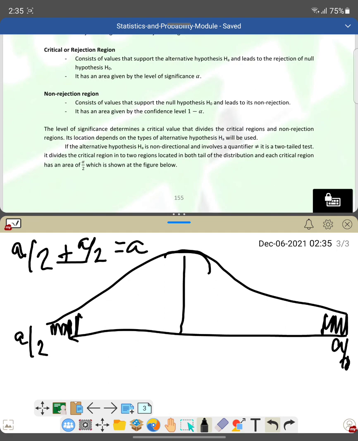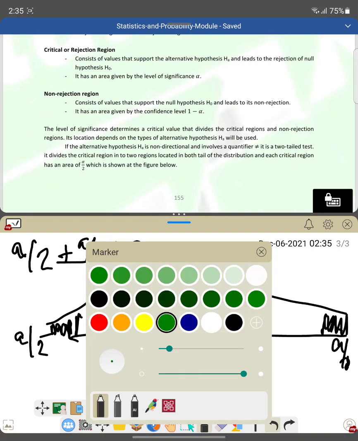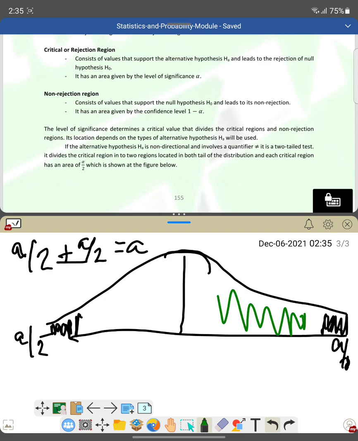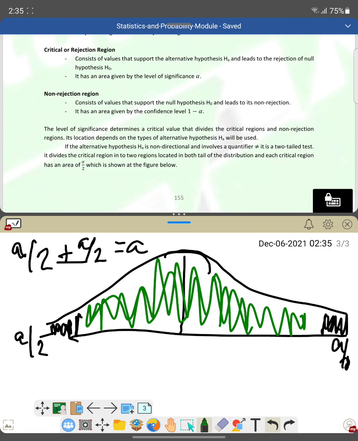So this is your rejection region, and the remaining part is your accepted region, the green one. Take note always that in the two-tailed test, your accepted region or non-rejection region is located in the middle.